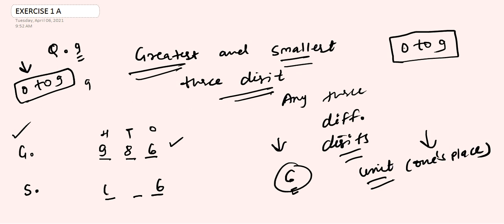You are not supposed to write 0 at the start. So we can't write 0 here. Then after 0, the smallest number is 1. So we will write 1 here. Then after 1 we will write 0. So 106 is the smallest 3-digit number with the condition that 6 is at the ones place. So these two are your right answers.